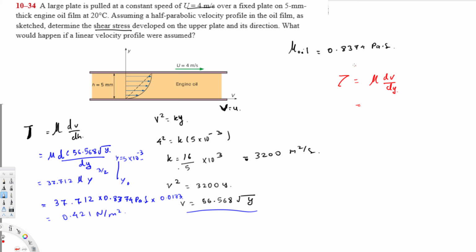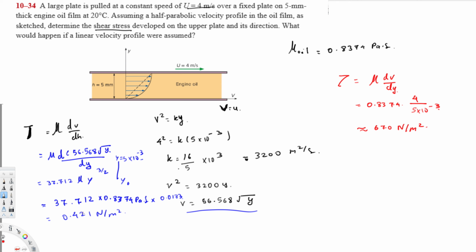Mu we already know, that's 0.8374, and u over h. Here we are assuming linear, so we can directly put it in: 4 over the height, that's 5 times 10 to the power of minus 3, and this is going to give us approximately 670 Newtons per meter squared.